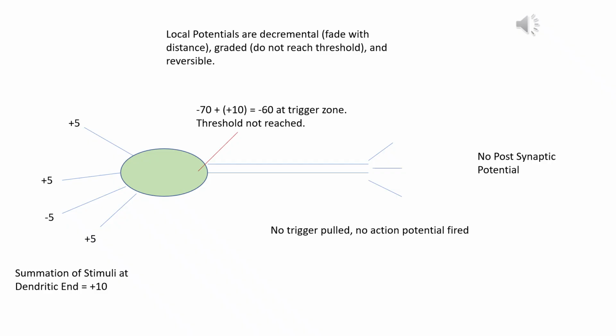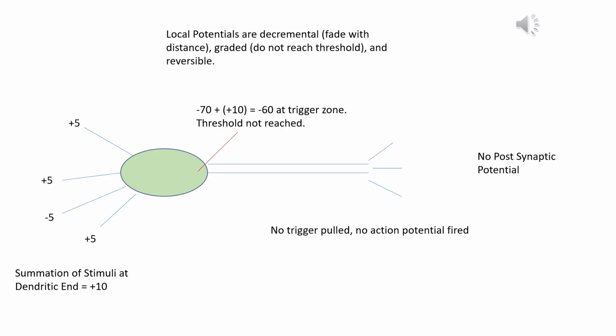They will fade with distance. If we bring a depolarization to the dendritic end of the neuron, it will fade before it reaches the trigger zone, so it's going to lose some of its punch, in other words. They do not reach threshold, and in fact, they are reversible. Reversible meaning we can even hyperpolarize by allowing more chloride in than we allowed sodium in.